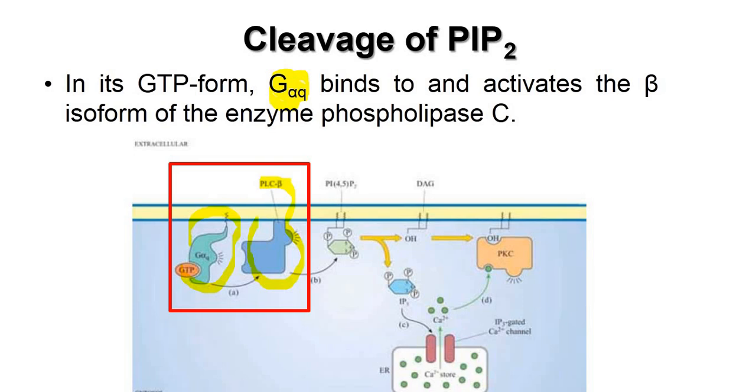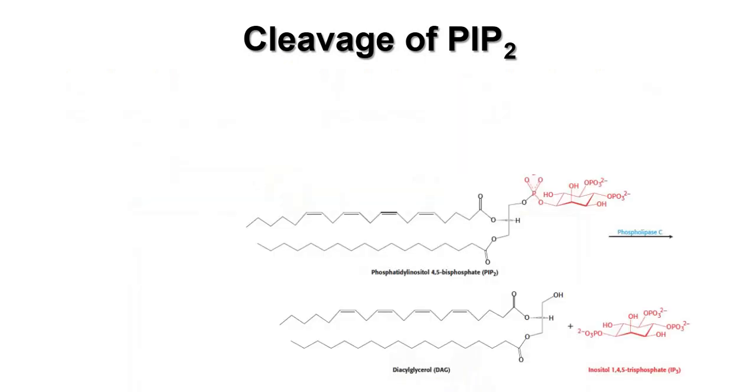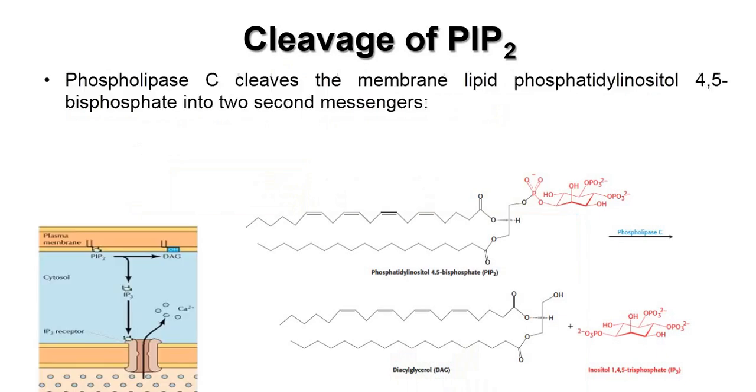So we take our sojourn into the next few steps of the pathway: the cleavage of PIP2. Phospholipase C cleaves the membrane lipid phosphatidyl inositol 4,5 bisphosphate into 2 messengers.